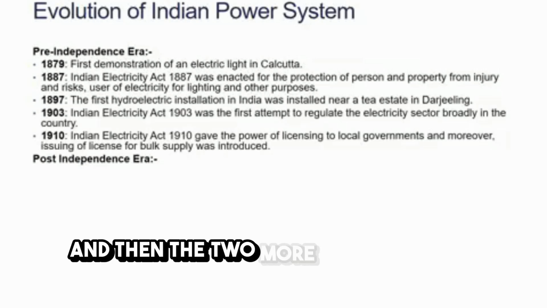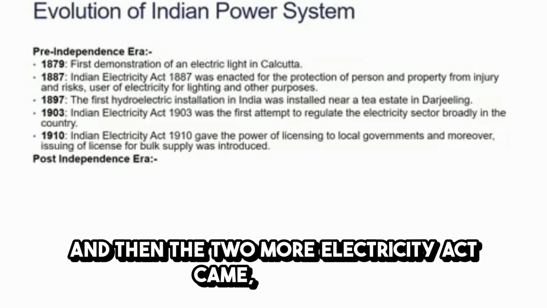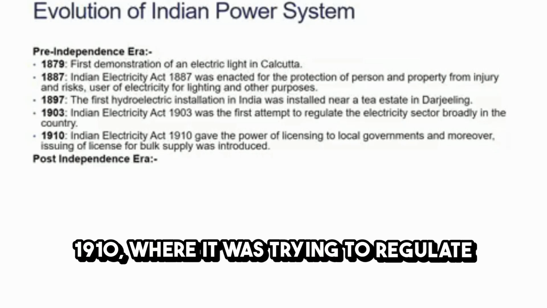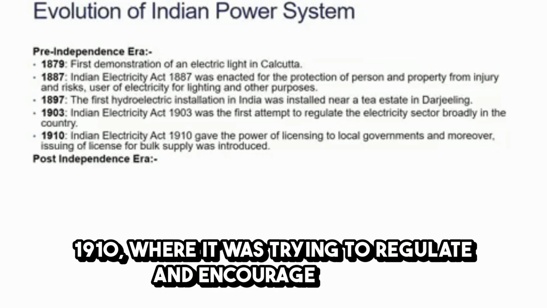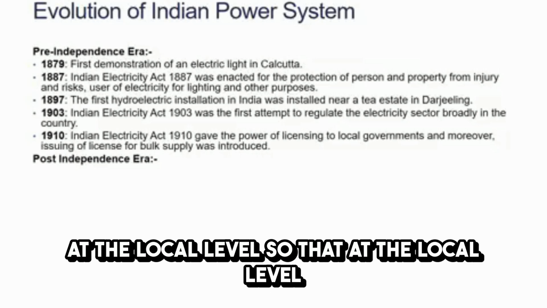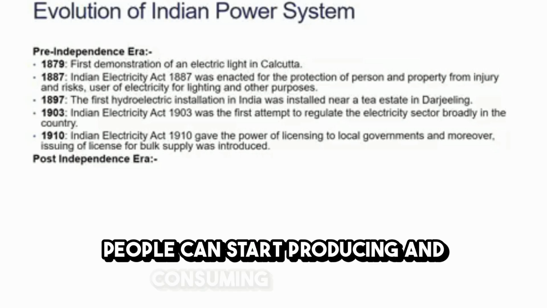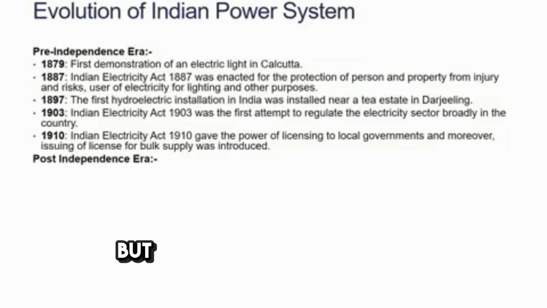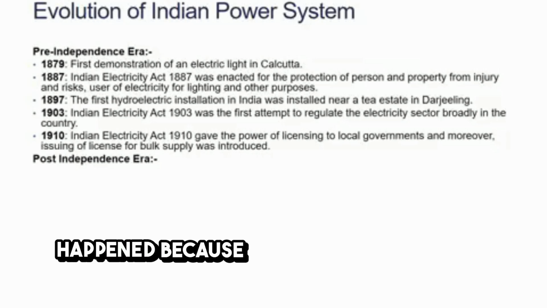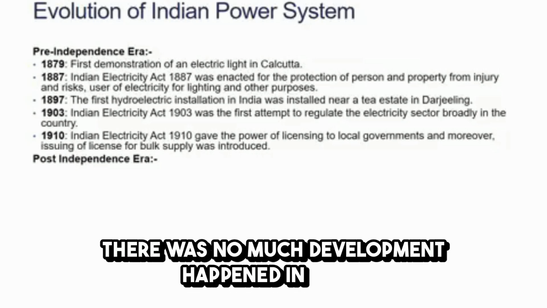And then two more Electricity Acts came, 1903 and 1910, which tried to regulate and encourage people at the local level, so that people could start producing and consuming electricity locally. But after 1910, not much development happened in India because of the World War and all.